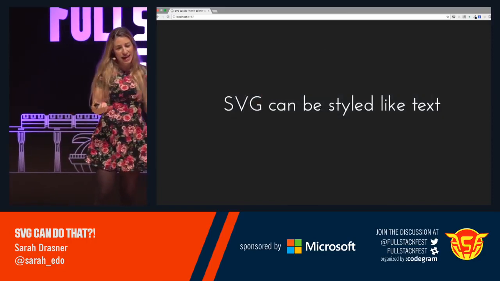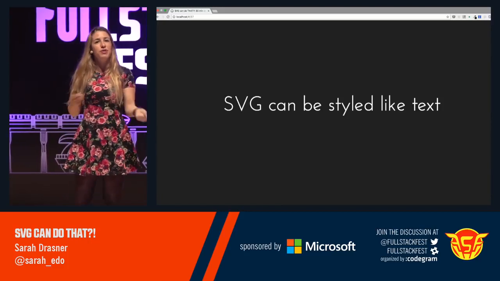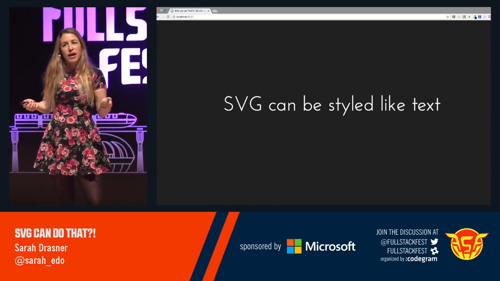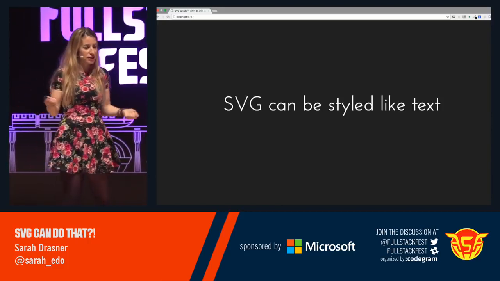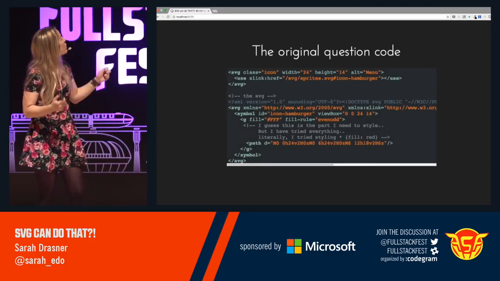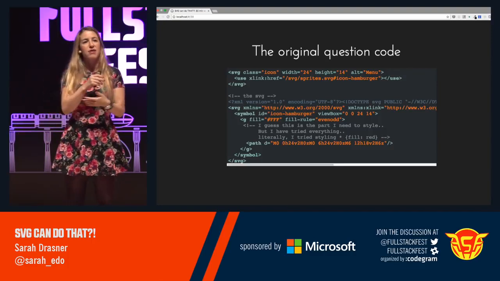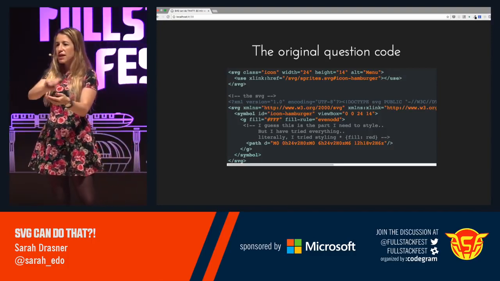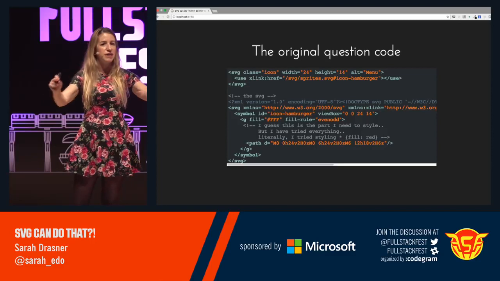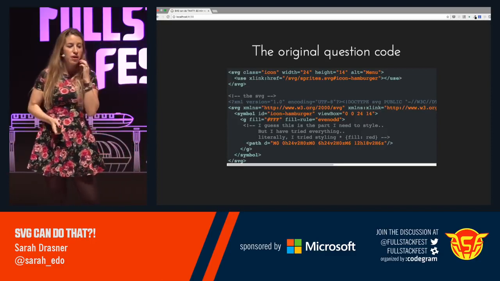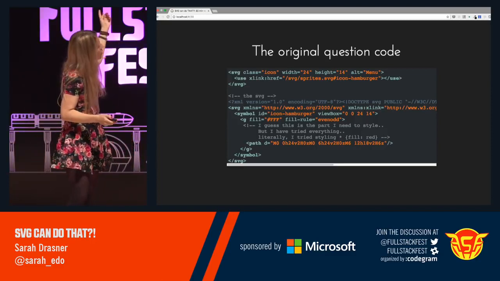SVG can be styled like text. This is not too fancy, but something that a lot of people come to me and ask me about, so let's cover it real quick. Someone on Twitter asked me about this. They made an SVG sprite sheet, and they're not styling it along with the text. They wanted everything, if they changed that line of text, for it to pick that up. So this is the question code.